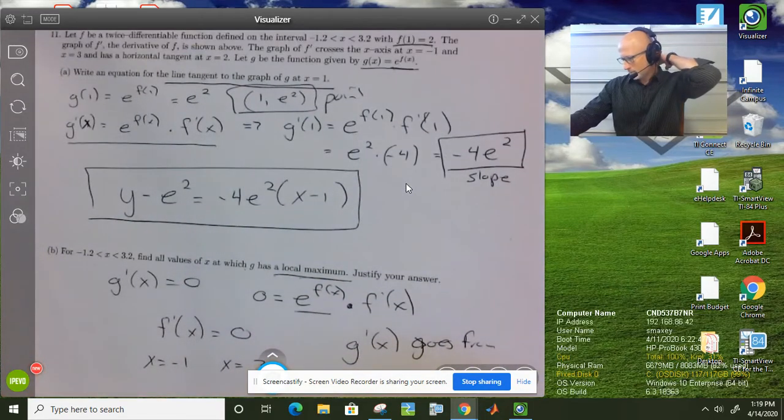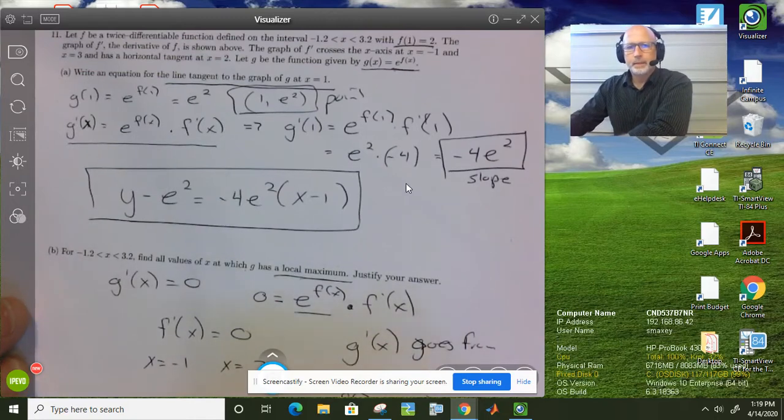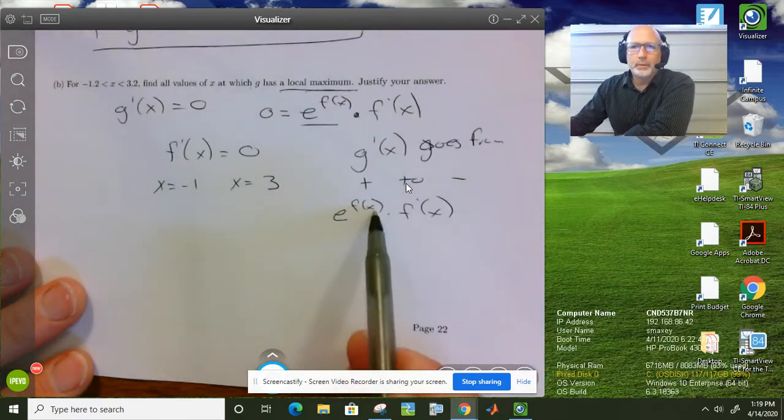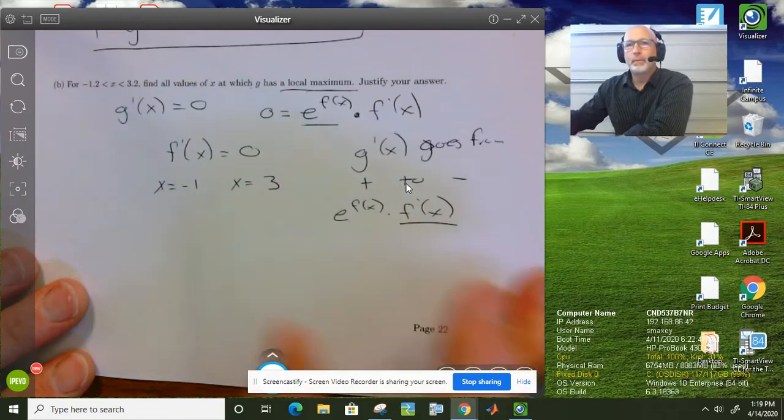So I need to know where e to the f of x times f prime of x goes from positive to negative. So e to any power is always going to be positive, right? Unless you put a negative out in front there, which is not. So this problem reduces to where f prime is going to go from positive to negative.